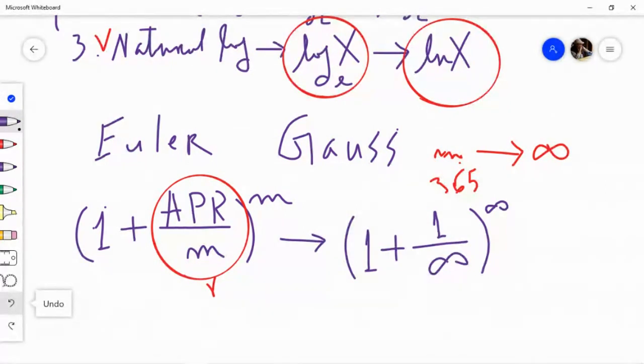Now let's think about it. Any finite number, it doesn't have to be 1, divided by infinity, what kind of number will it be? Anyone? First of all, use your logic. Infinity means infinitely large number.